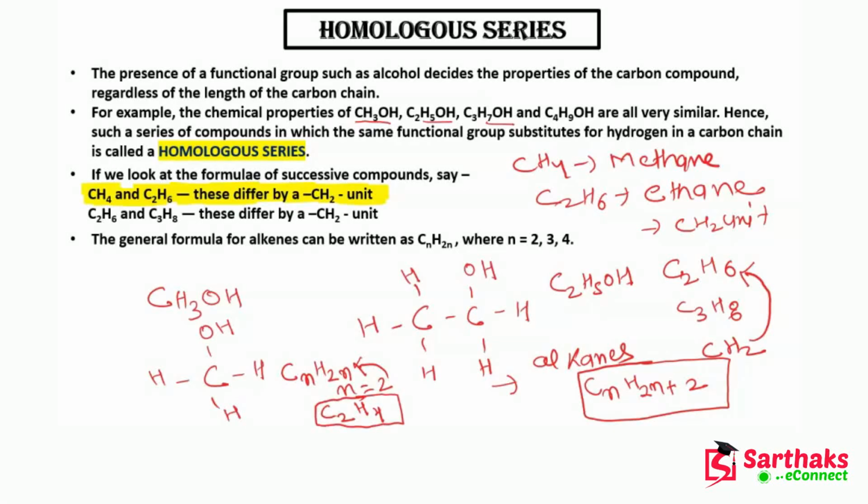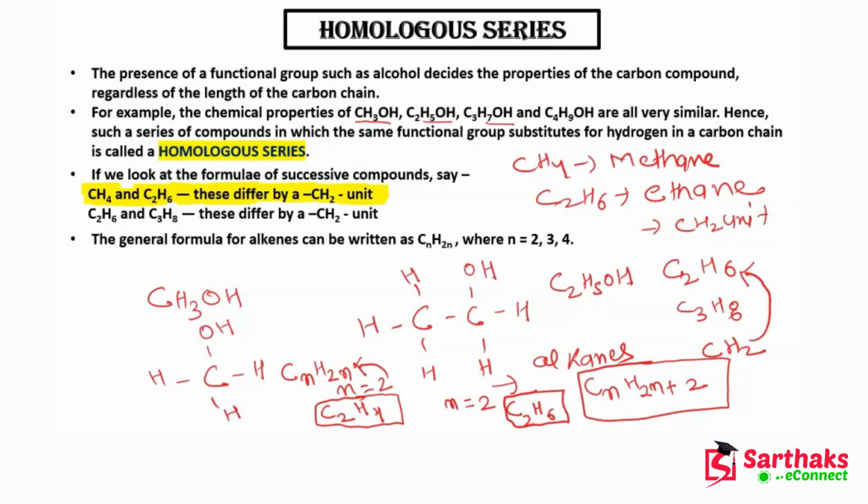If I want to write the formula for ethane, there are also 2 carbons, so n is 2, and in CnH2n+2, n multiplies with 2 and then is added to 2, giving C2H6. So that's why this is the formula for ethane.